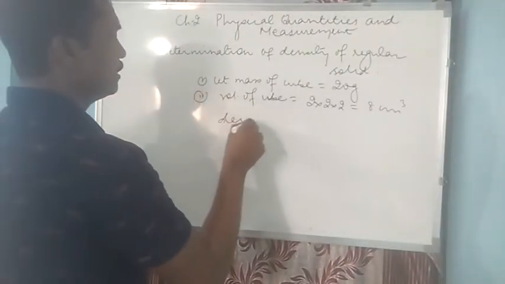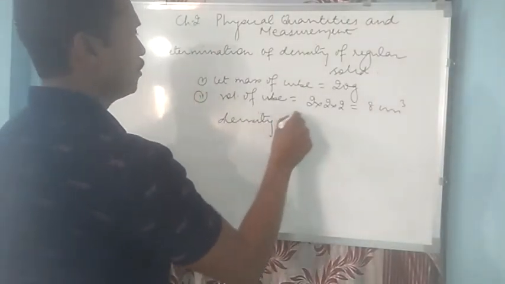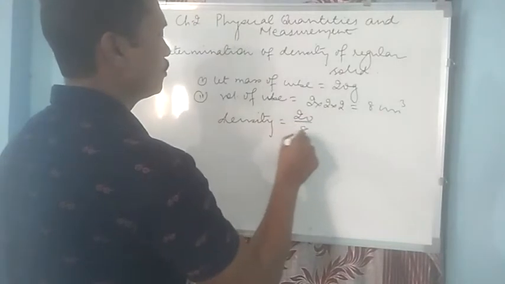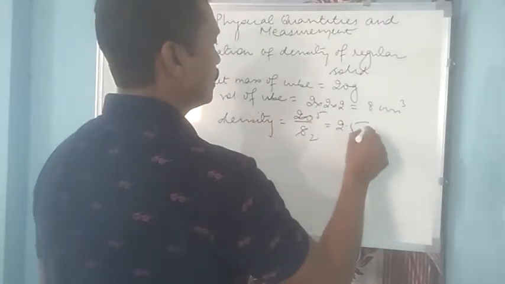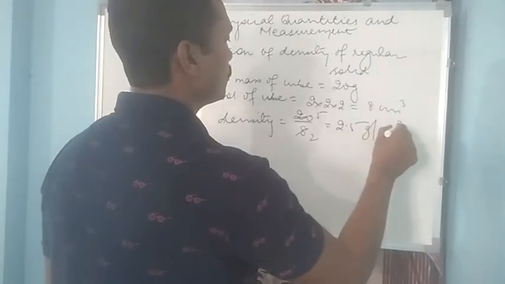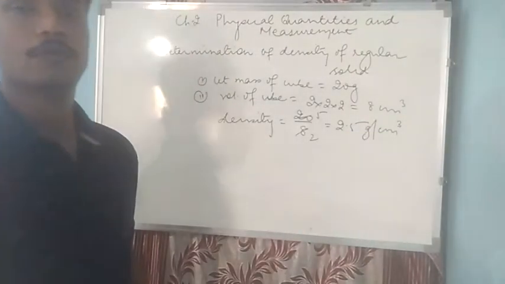Now find the density, mass by volume, that is 20 by 8. 4 2s are 8, 4 5s are 20, so we got 2.5 gram per centimeter cube. So this is how we can calculate.